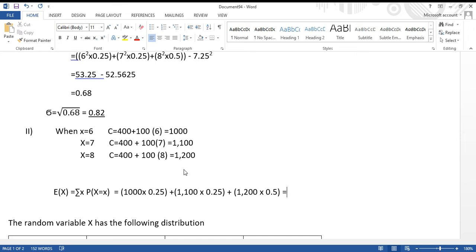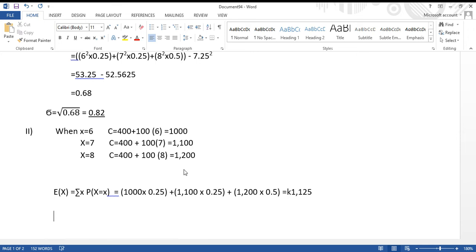So we get our calculators: 1000 times 0.25 plus 1100 times 0.25 again plus 1200 times 0.5. So this is our mean cost, 1125.